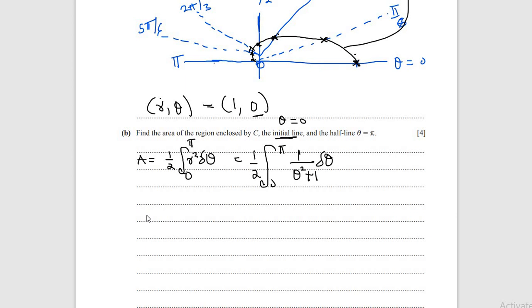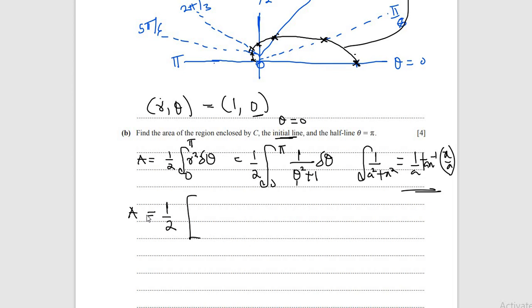If you check this format, it looks like the integral of 1 over a squared plus x squared, which is 1 over a arctan of x over a, in the MF19. So therefore, we can also use it here, with the half.